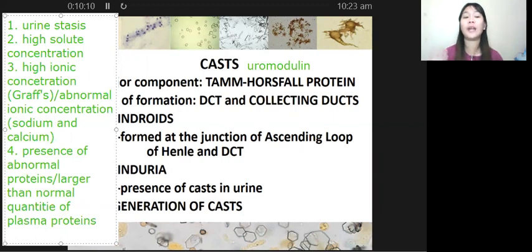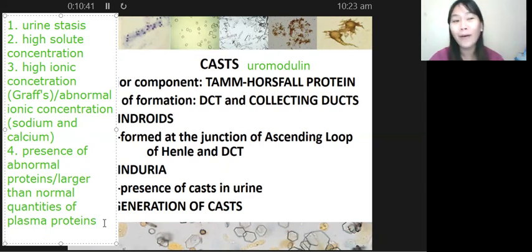So presence of abnormal proteins or larger than normal quantities of plasma proteins will promote the precipitation, the gelation, the denaturation of your uromodulin, otherwise referred to as your Tamm-Horsfall protein. All right, so these are the factors that we have to consider.